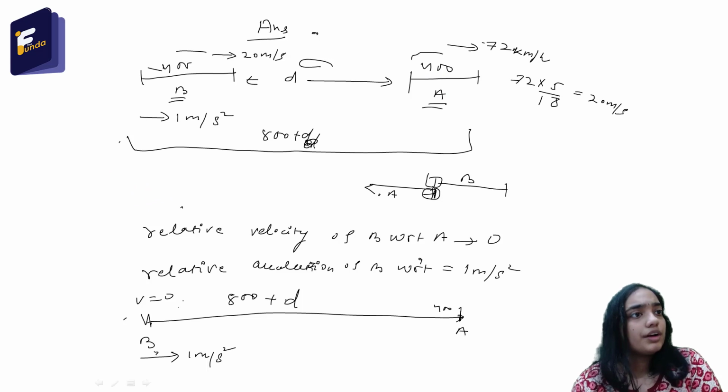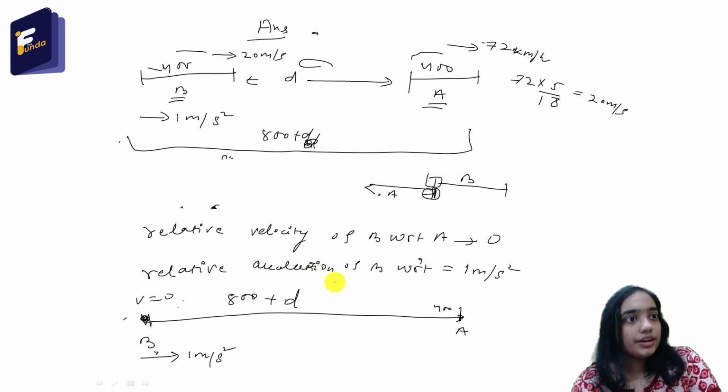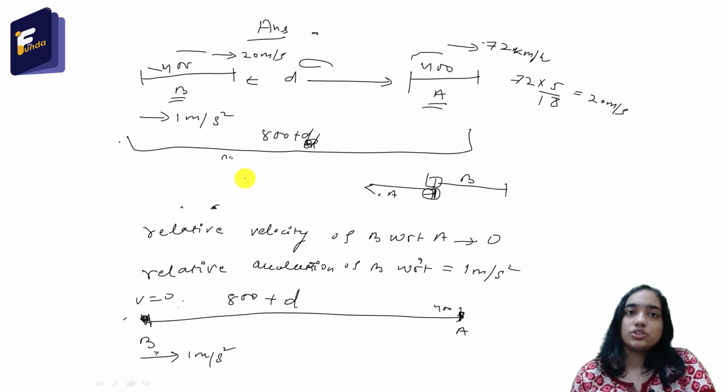Now what we have to find is when this point reaches here. It is simple: acceleration is 1 meter per second square and initial velocity is 0.